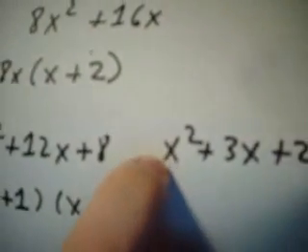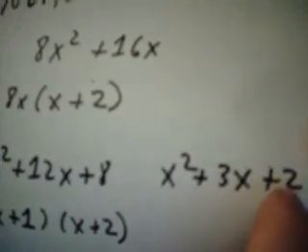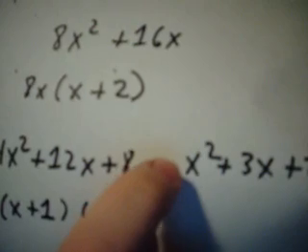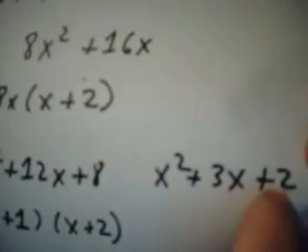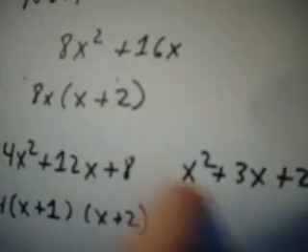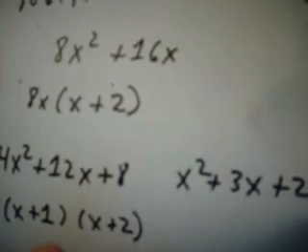You say, well, how do I do that? Well, you're going to first of all imagine that there's a 1 right over here. Okay, so this is actually going to be 1x squared plus 3x plus 2. You're going to take the numerical coefficients of term A and term C, and of course if you multiply them together you get 2. 1 times 2 is 2.